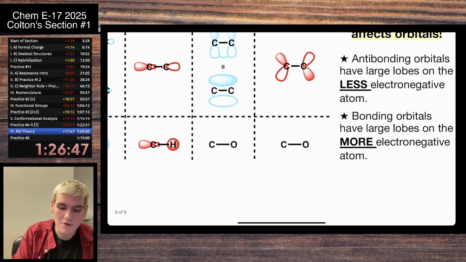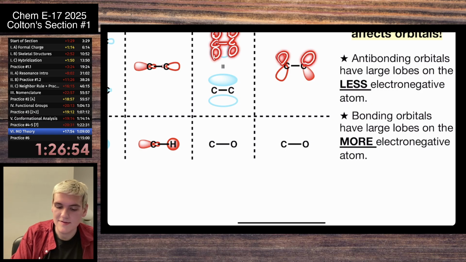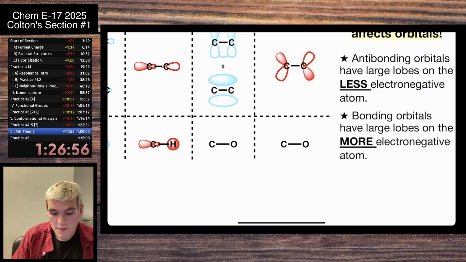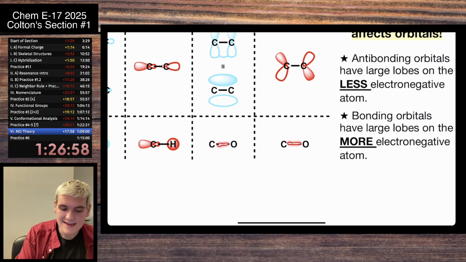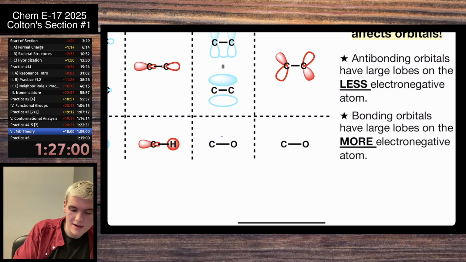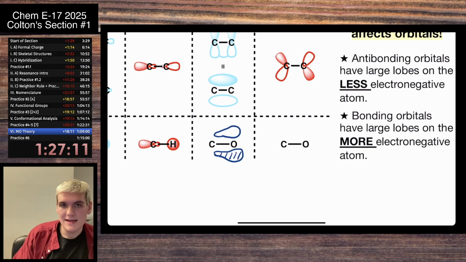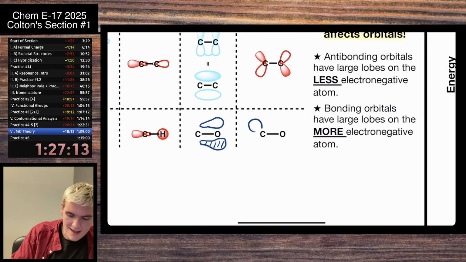When you have a non-polar bond, like carbon-carbon, it's going to be equal size for both the bonding and the anti-bonding. Like all of these are the same size. But when you have a polar bond, like CO, you're going to get different shapes. The bonding one is going to have a larger lobe on the more electronegative atom, rather than an even lobe. And the anti-bonding has larger lobes on the less electronegative atom.